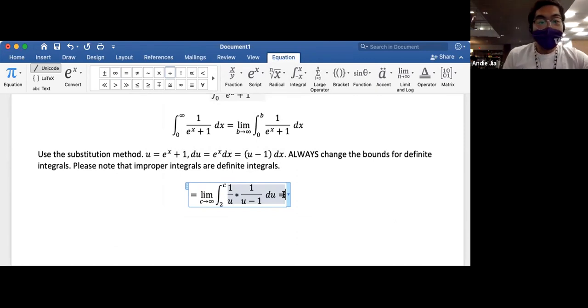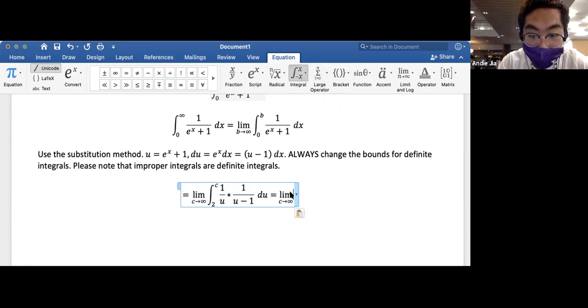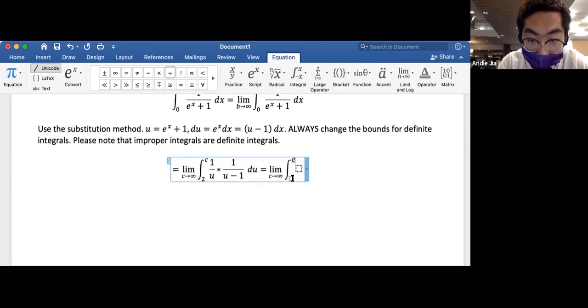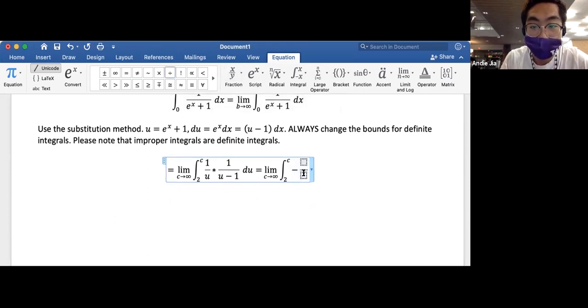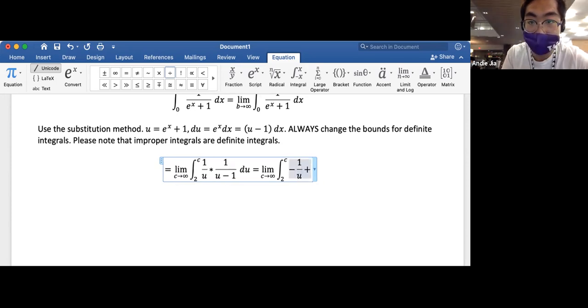We have the limit as c approaches infinity of the integral from 2 to c.